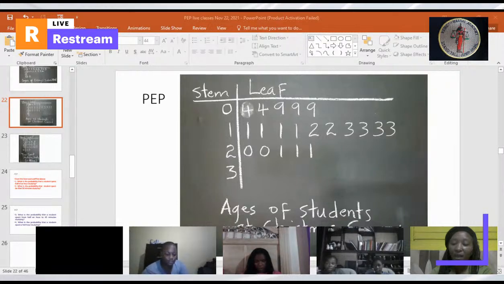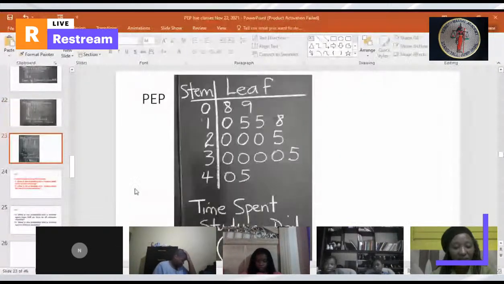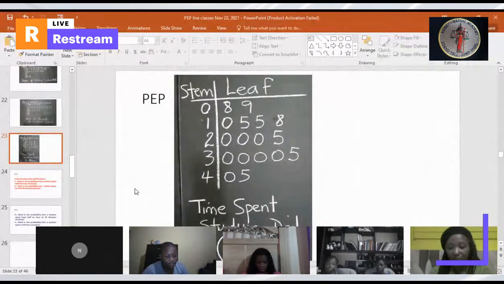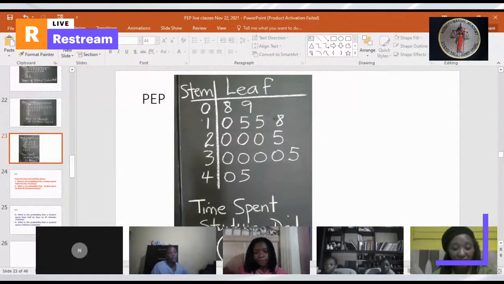Now let's look at the final stem and leaf. This one is going to have some additional questions. In addition to finding the mode, mean, median, and range, we're also going to have 4 extra questions about this stem and leaf. This one shows time spent studying daily in minutes.